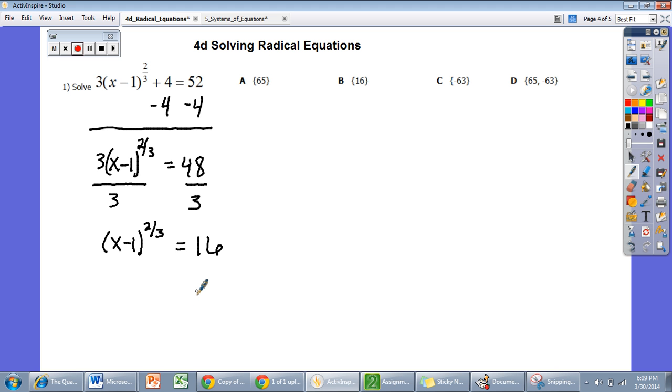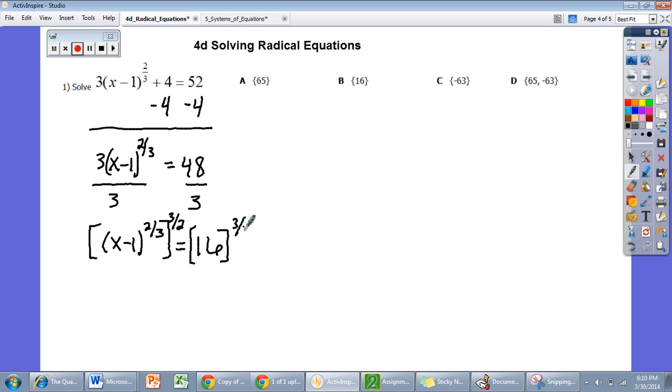Now when you have a rational exponent, to do the inverse operation, you want to take it to the reciprocal power. So I'm going to take this side to the 3/2 power. 2/3 times 3/2 is what's going to get that to cancel. That's the inverse operation.